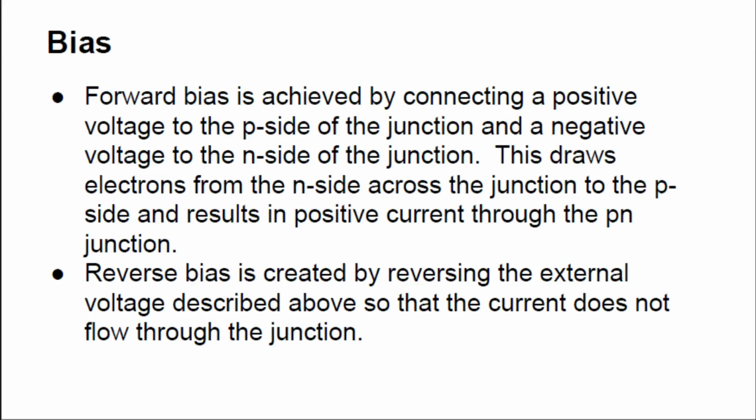Let's talk first about forward bias, which is what you'll use to make the current flow in the p-n junction. Forward bias is achieved by connecting a positive voltage to the P side of the junction and a negative voltage to the N side of the junction. So when you connect this positive voltage to the P side, there are electrons that had already diffused from the N side to the P side, and they'd pretty much settled where they were and stopped moving around.